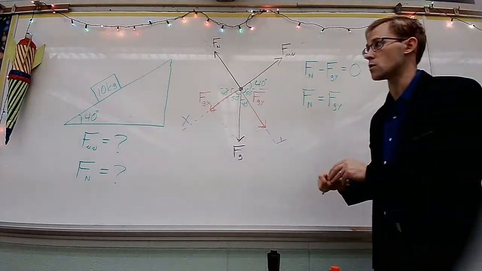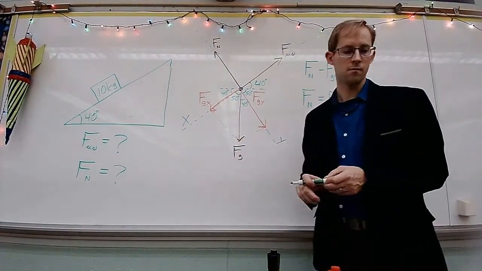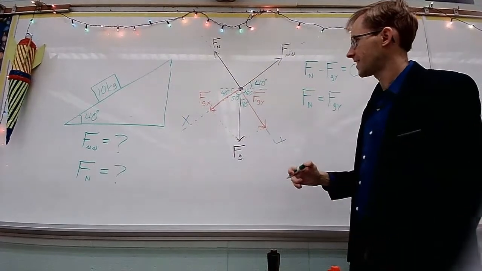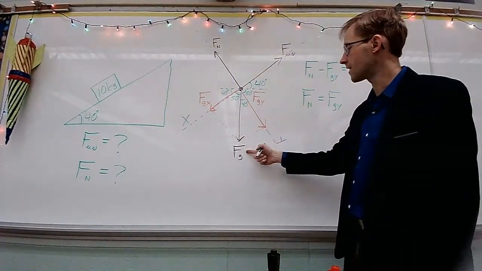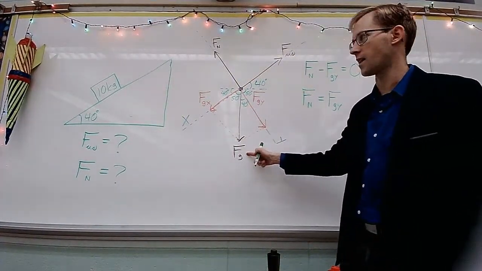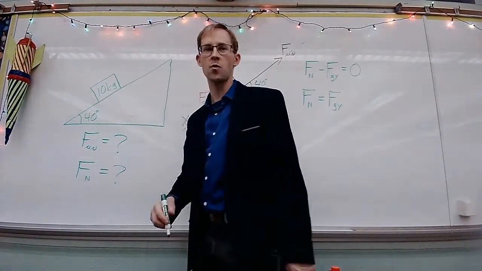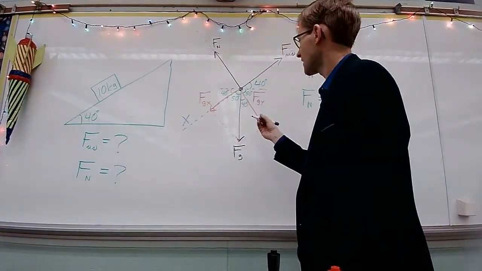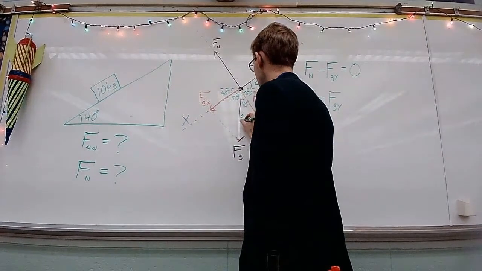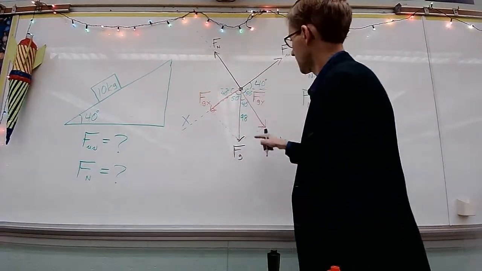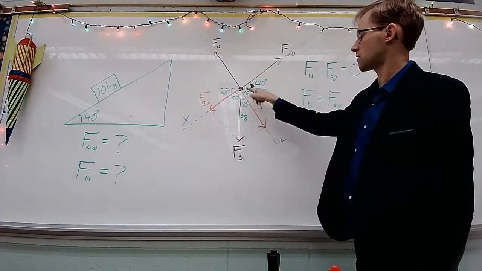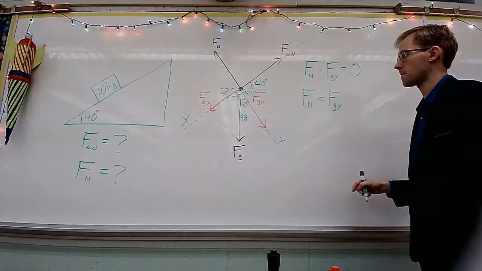And I do, because as we've done in the last 3 examples, force of gravity is just mass times 9.8. So 10 times 9.8 is 98 still. So 98 is the hypotenuse of that part of the triangle there.